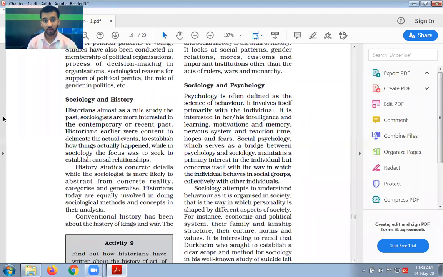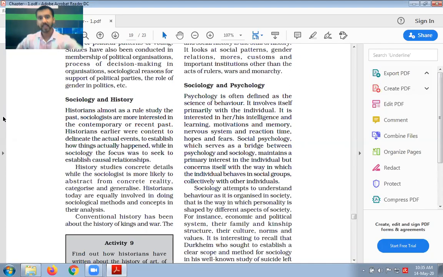So we understand what was happening in their rule, in their dynasty, in their empire, whether everyone was doing well, and how their rule was, whether he was aggressive or not, or whether he was doing something for the welfare of the society or not. So we understand that as well.